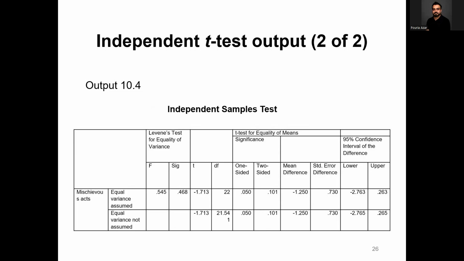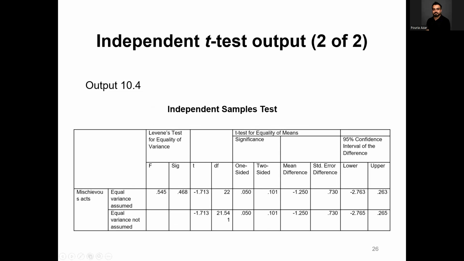Depending on our hypothesis, we can go with one-sided, but most of the time we look for two-sided significance or p-value. And also I get the mean difference, standard error difference, and 95% confidence interval of the difference.